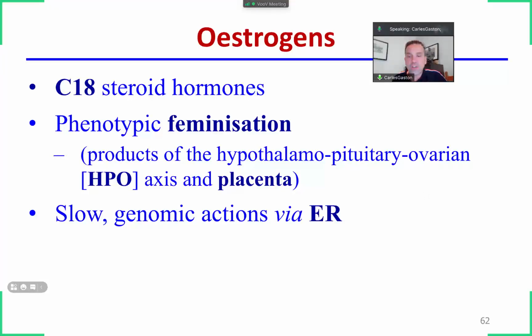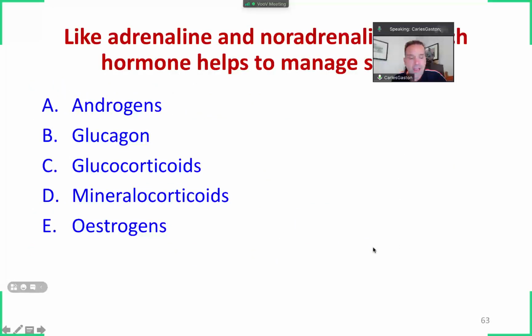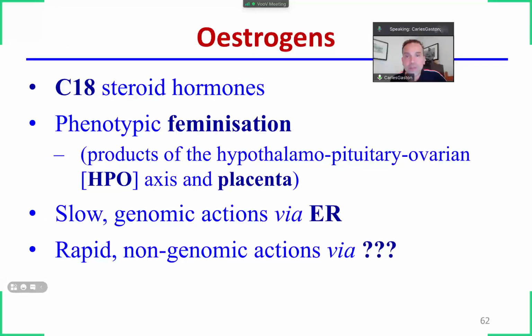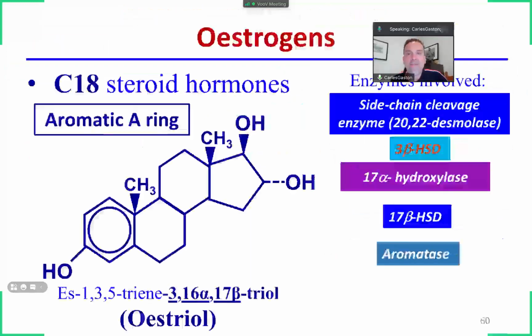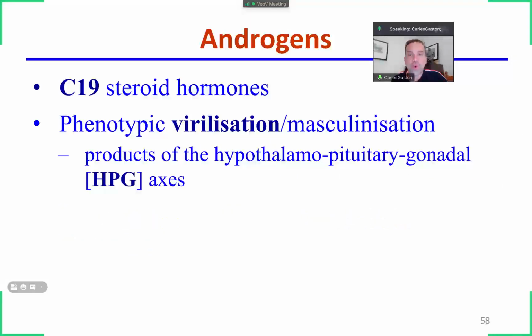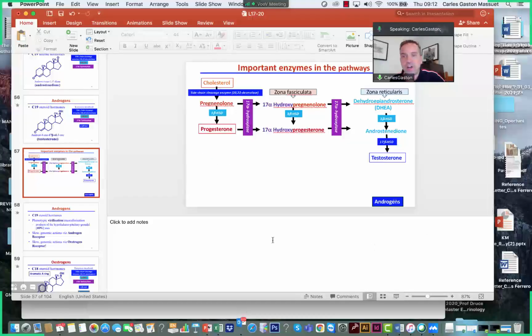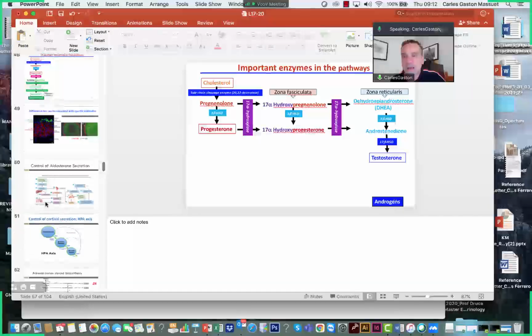So it has a slow genomic action and a rapid non-genomic action, and the receptor is not known, okay? This is the estrogen receptor, but we don't know the other receptors. So basically, to summarize, what you need to get your head around is a little bit of this pathway.